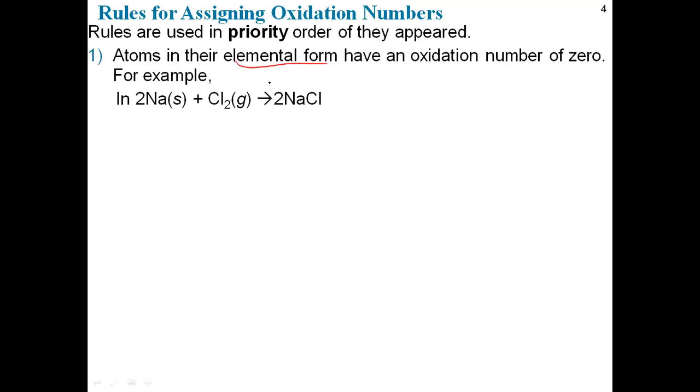We know this is an element, this is an element, so these two are elements, and then you can answer the question very quickly. For every Na atom, the oxidation number is 0. For every Cl atom, even though in Cl2 there are 2 Cl atoms, for each one of them it is 0.